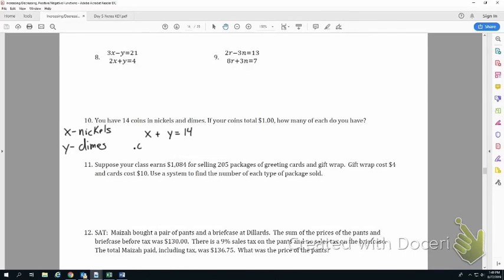She said 0.05x plus 0.1y. If you put 0.10y, that's fine. A lot of people like to do that because they can see the 10 cents for the dollar. I'm going to leave it like that, and then that equals $1. Okay, 100% correct.